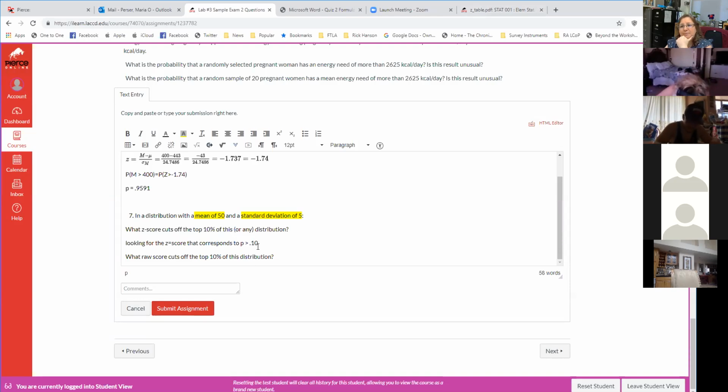Remember, the mean, the z-score equal to 0, whether sample mean or population mean, always cuts the distribution in half, where 50% of the scores are to the right and 50% are to the left.